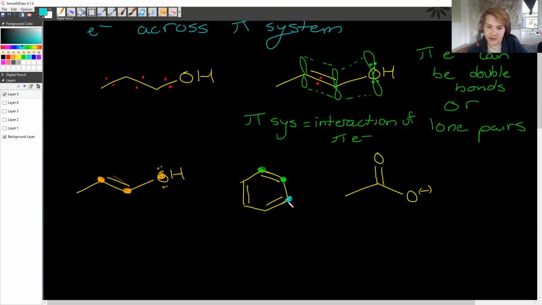This carbon is involved in that double bond. And this carbon is involved in that double bond. And then for this carboxylate, this oxygen, as we know, has a lone pair. This carbon is involved in a double bond. And this oxygen has at least one lone pair.